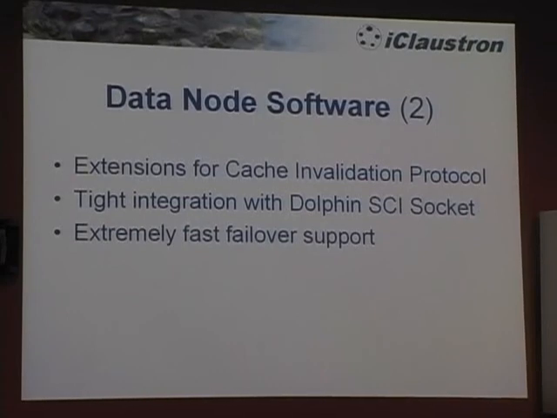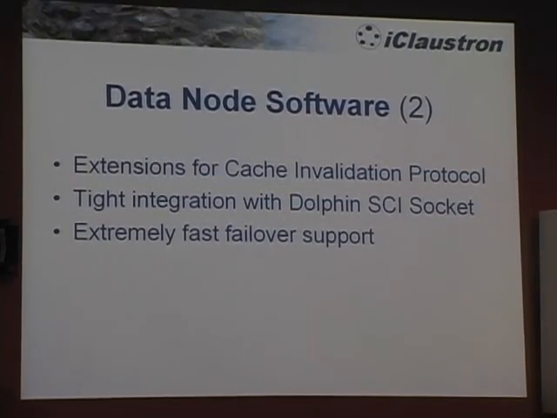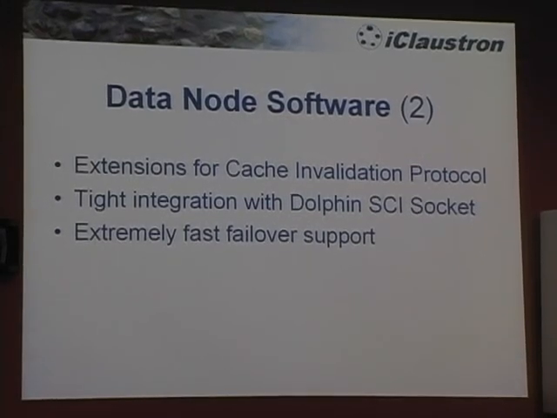Okay, and you also need extensions to handle cache invalidation protocols. So a file system always has to have a cache. And in order to be able to update things in the file system, you need to be able to invalidate caches.